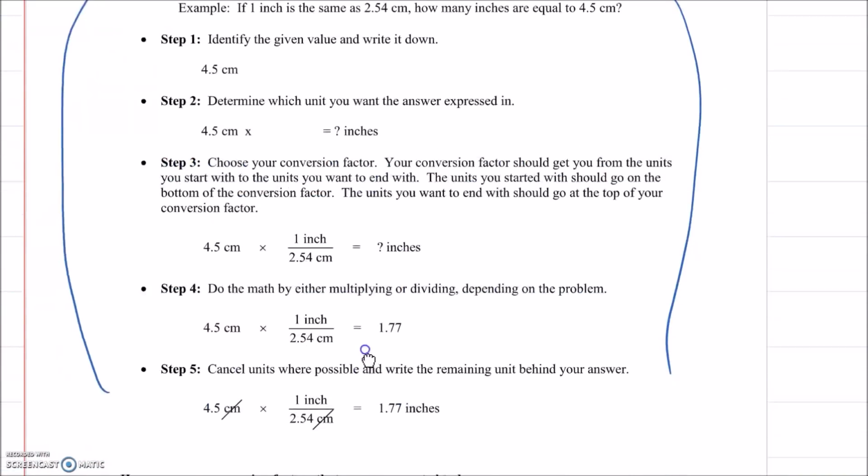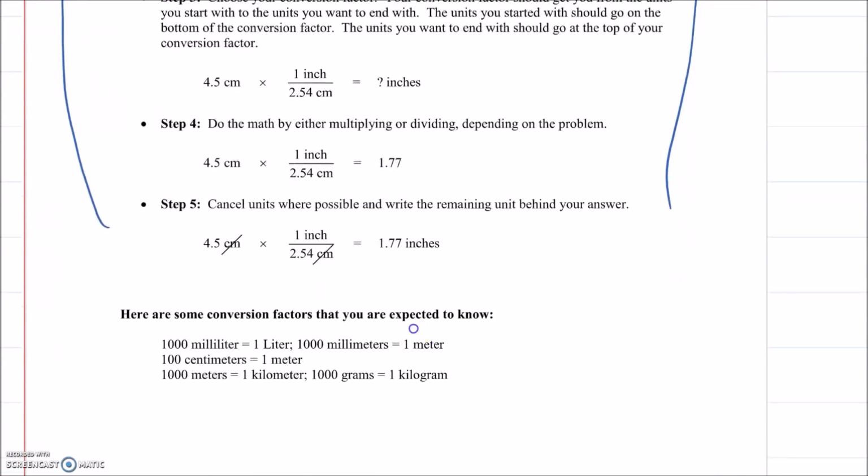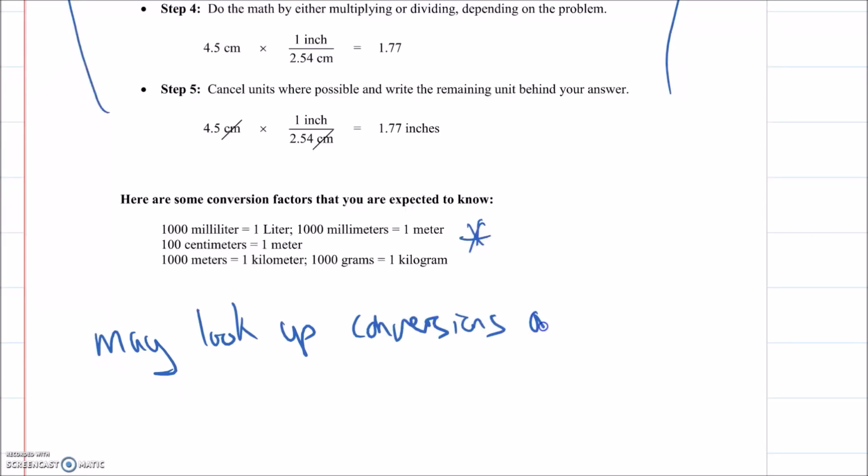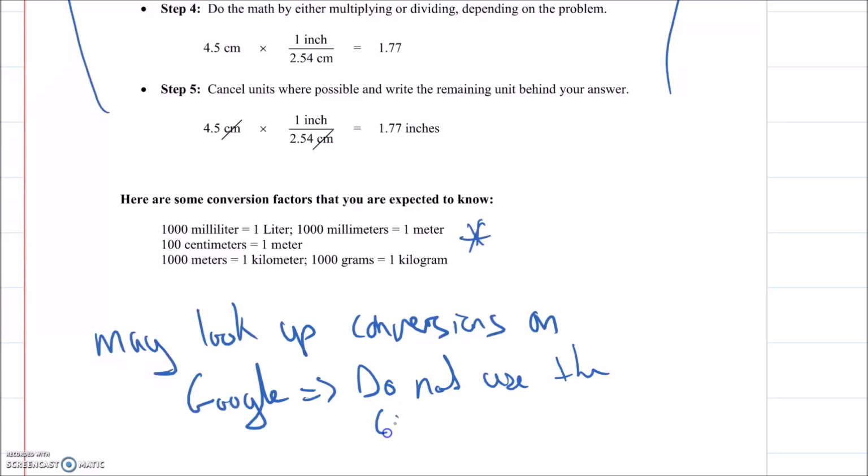Again, the steps that you go through are listed up here. Here are some useful conversion factors. If you don't know the conversion factors, then you may look them up on Google. But do not use the converter on Google.